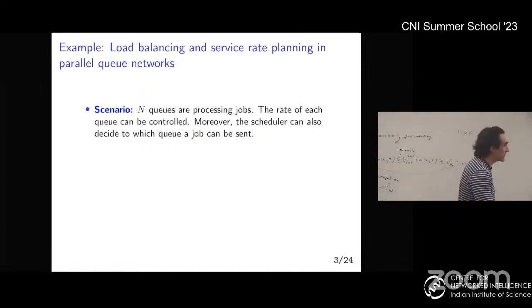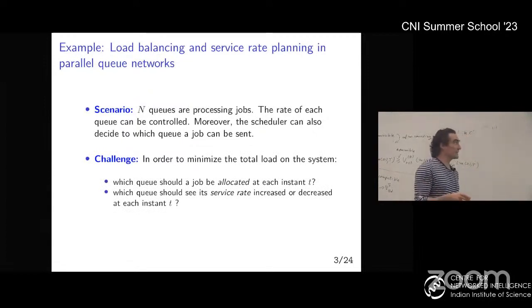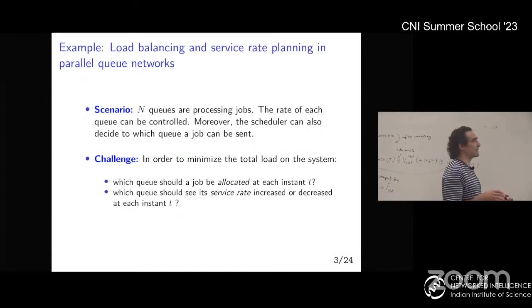And the goal is to minimize the total load on the system. Therefore, we have two decisions at every time instant: where should I send my job? And should I increase or decrease the service rate of something, right?